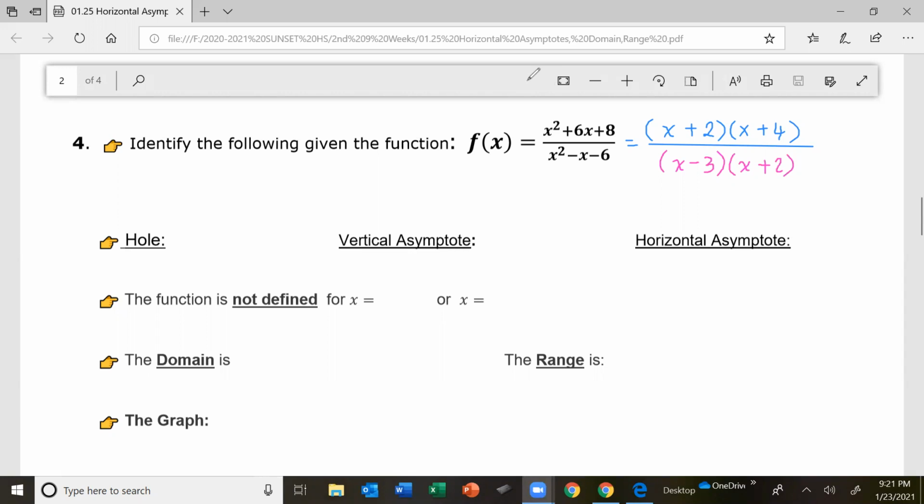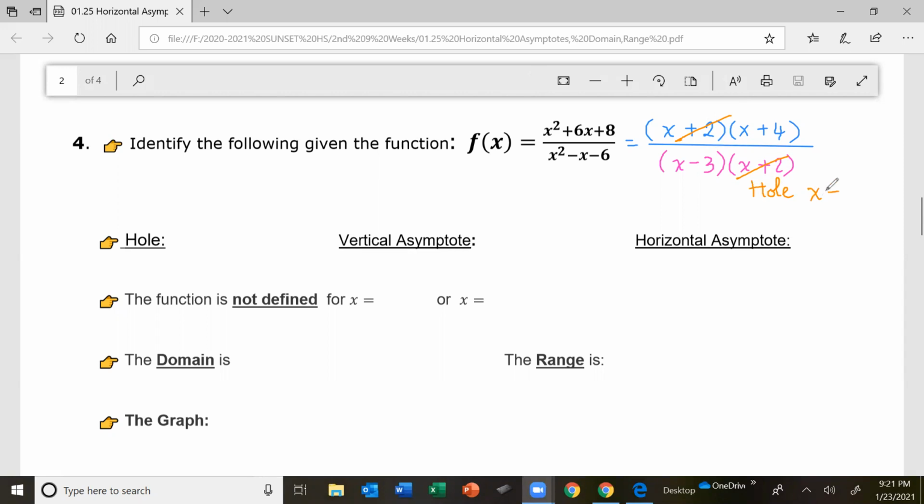So now, in order to find any of these, we need to look at the fraction that we just worked out, right? So in here, we can see that x plus 2 and x plus 2 are common factors, right? So we can cancel them out. These are called a hole, okay? It's going to create a hole on your graph. And you need to solve for x for that.